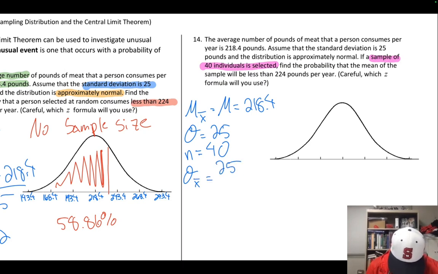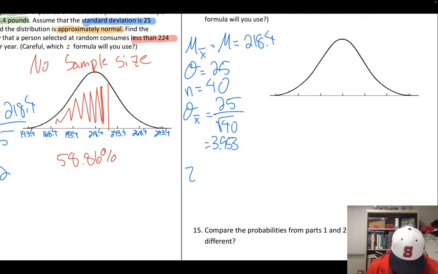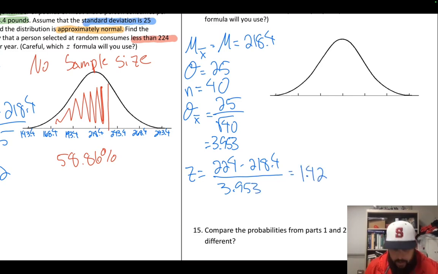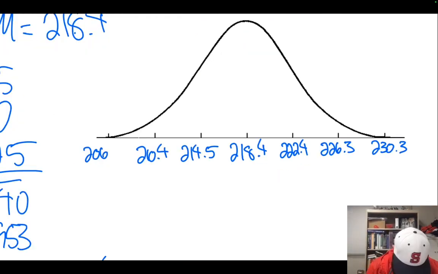So we get 25 over the square root of 40, which is 3.953. And then we get our Z. It's 224 minus the mean, over 3.953, and that gives us 1.42.